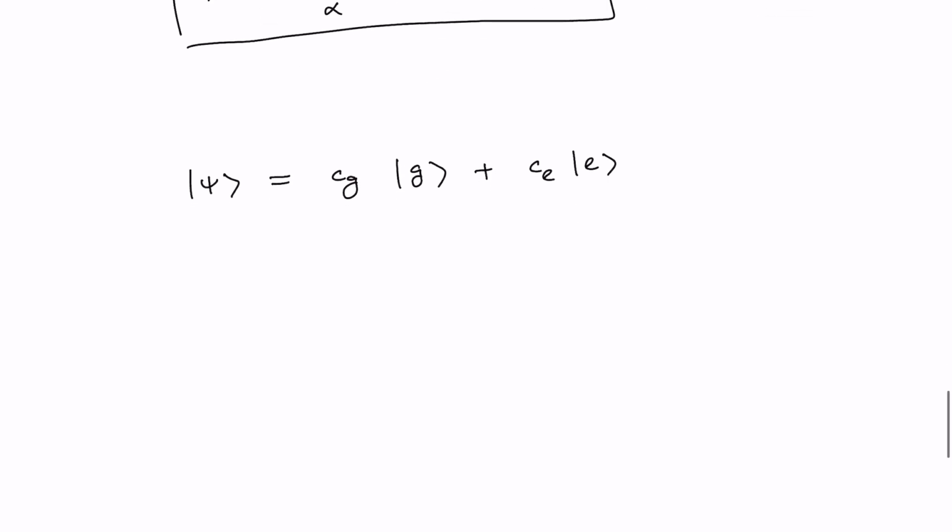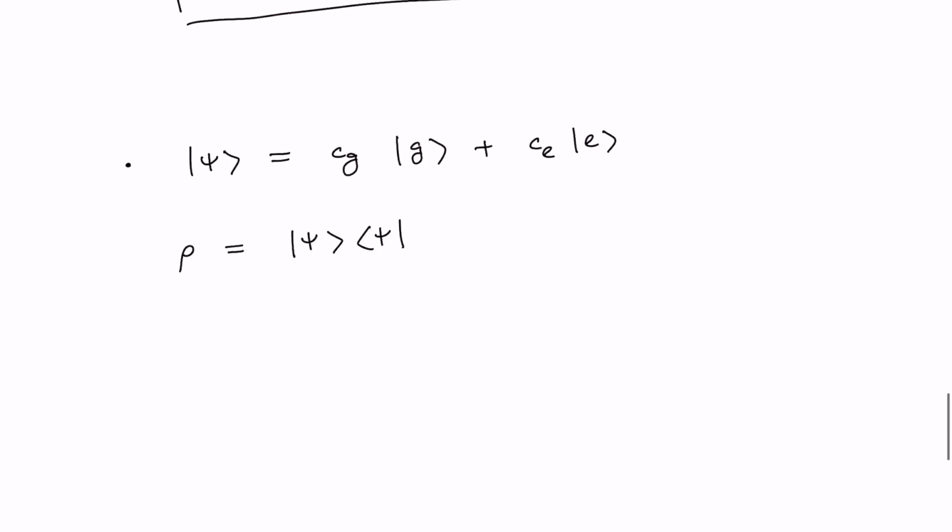Now what's the density operator representation of this particular two-state system? Because this is isolated, this is going to be a pure state, and the fact that we are able to define it by a state vector |psi> itself means that it is an isolated system. And then the density operator would be |psi><psi|.